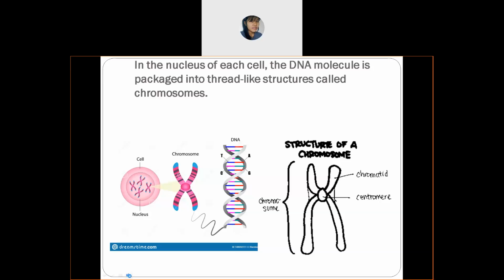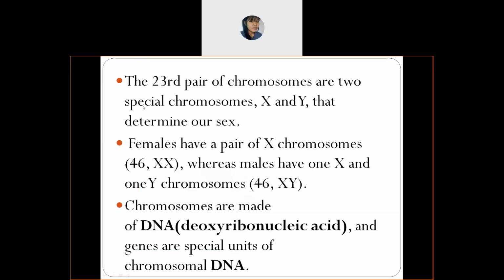Okay, next. You will find that there are 23 pairs of chromosomes, including two sex chromosomes, that is 23 plus 23, which equals 46. So in total, you will be getting 46 chromosomes for both male and female. Now, how will you identify the male and the female chromosomes?